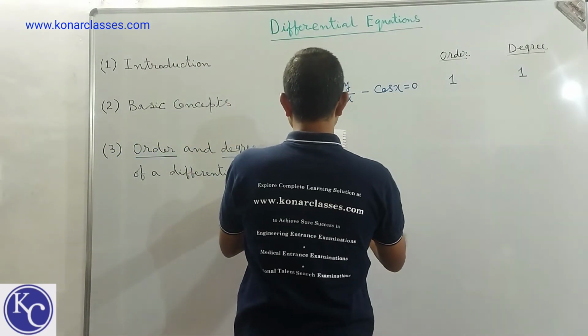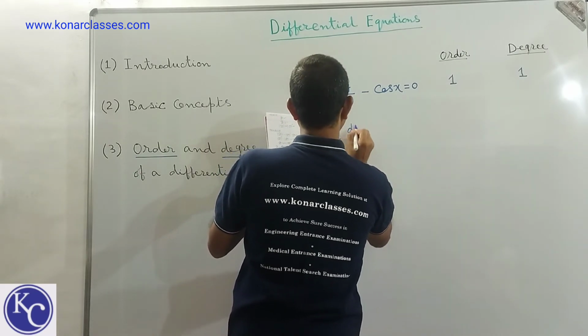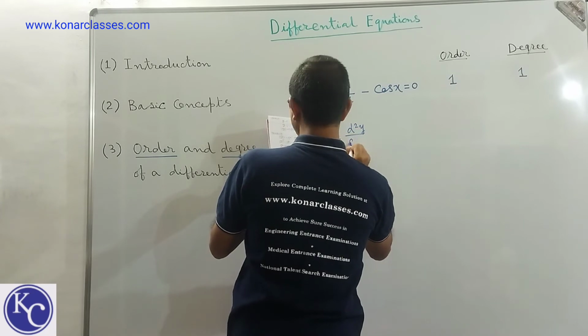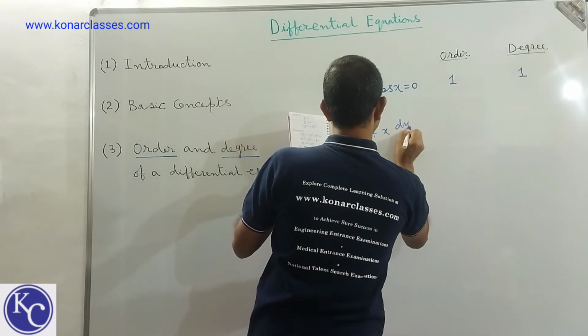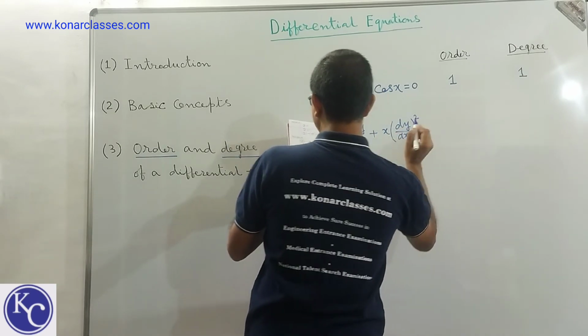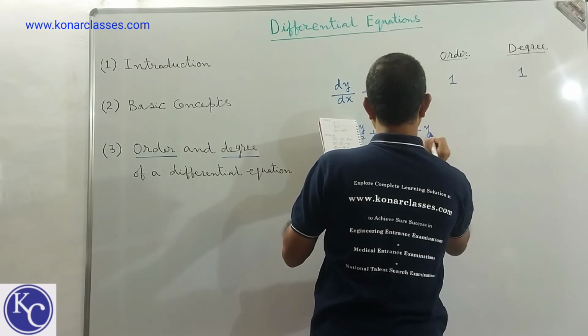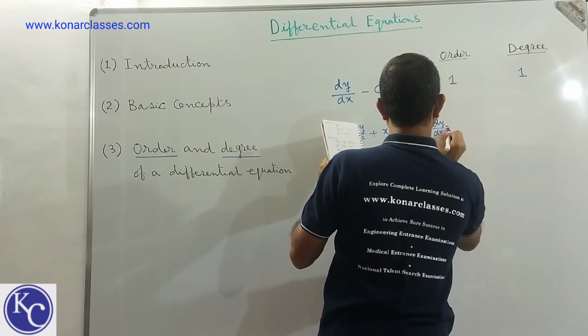Next one, dear students, is xy d2y/dx2 plus x (dy/dx) whole square minus y dy/dx is equal to 0.